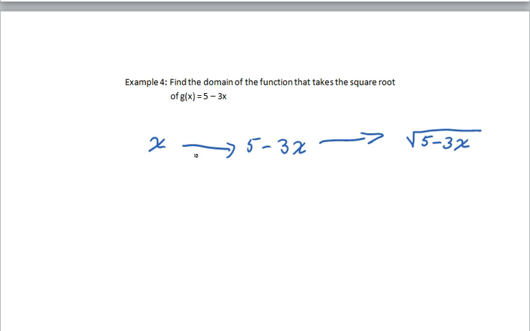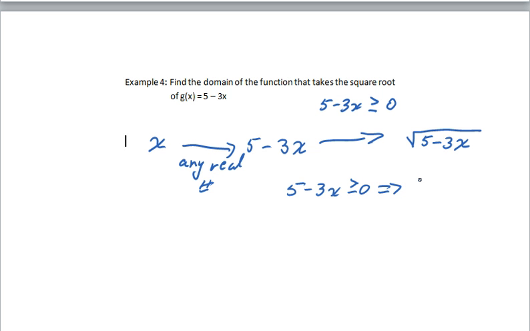And so g, again, is a polynomial function, so any real number. But here, when we take the square root of 5 minus 3x, we know that 5 minus 3x will have to be greater than or equal to 0 because of the domain of the square root function. There, the index by default is 2.